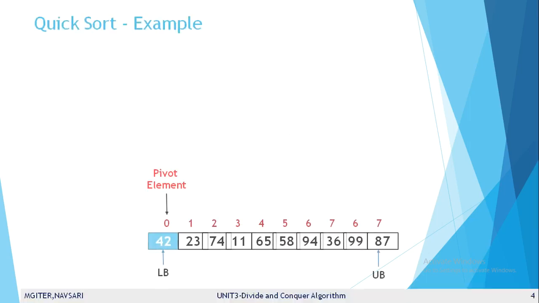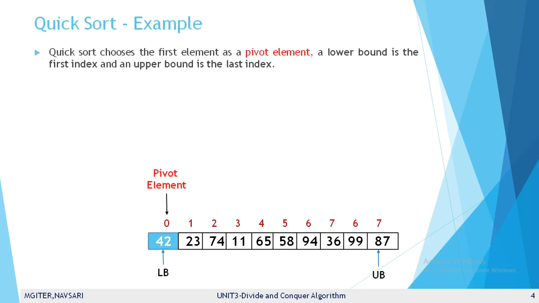Now we see quicksort with the help of an example. Quicksort partitions the given elements based on the pivot element. Here we choose the first element, 42, as the pivot element, and the first index is considered as the lower bound and the last index is considered as the upper bound.